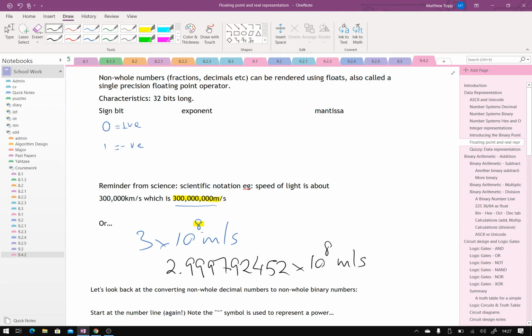So the exponent here is always 8 characters long. So it's 8 bits. And this is the part that gets everybody, because it's frustrating and annoying. But when you think about it, it gives you a chance to render incredibly huge numbers or incredibly small numbers.